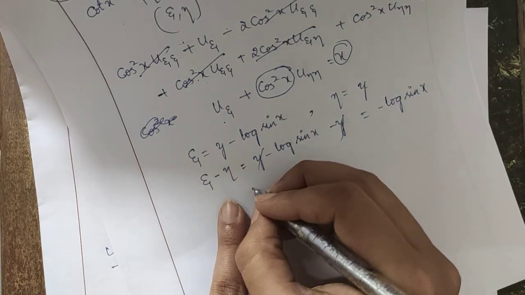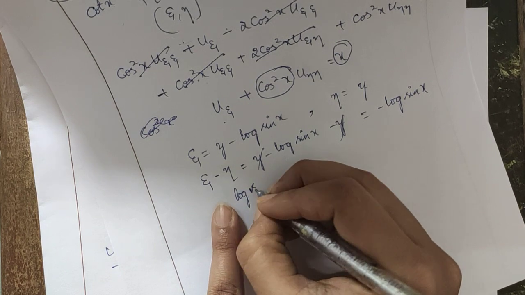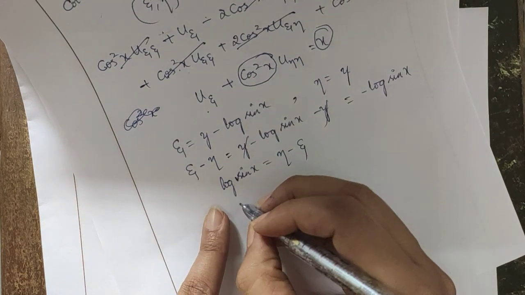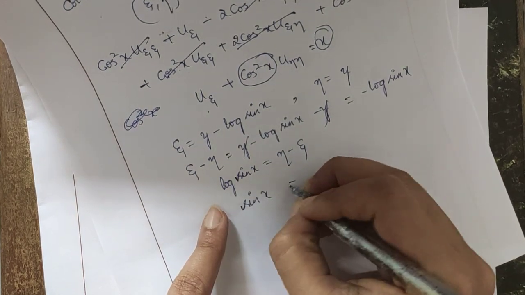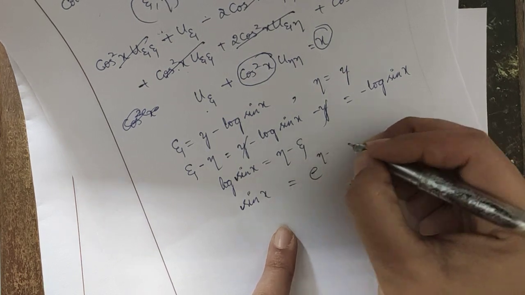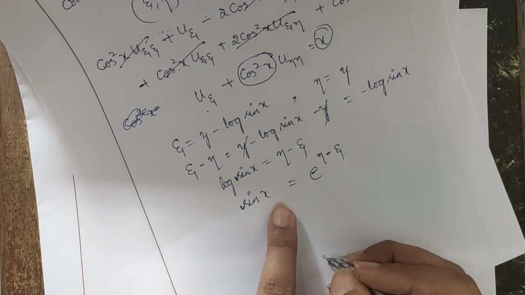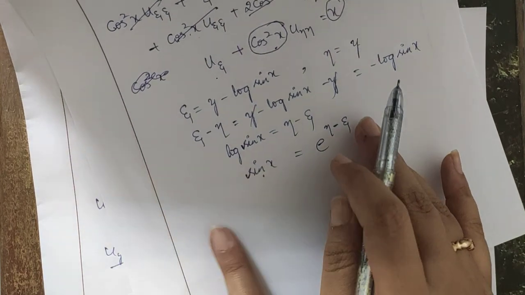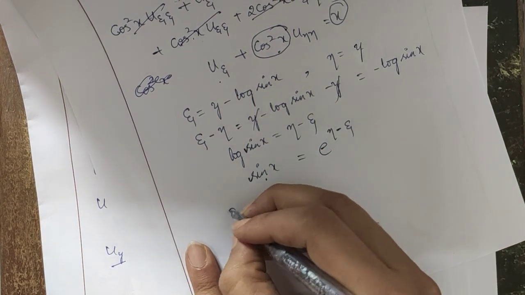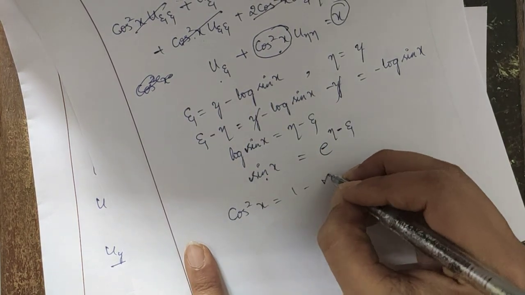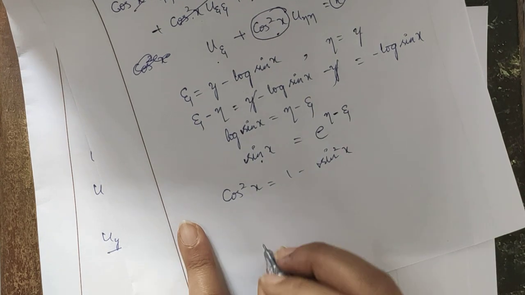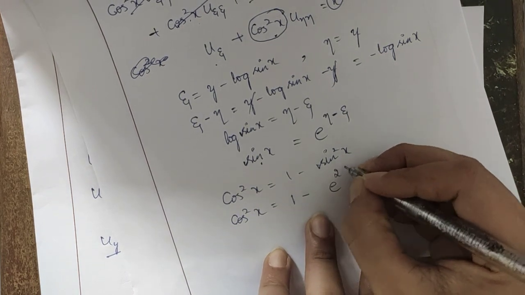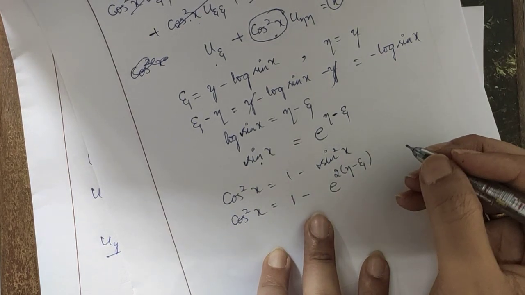I can write this as log sin x is equal to eta minus xi. So from this, what is sin x? Sin x is nothing but e power eta minus xi. Here we have cos square x. So if I know sin x, I can find out cos x, right? Using the formula cos square x is equal to 1 minus sin square x. So cos square x will be 1 minus e power 2 times of eta minus xi.